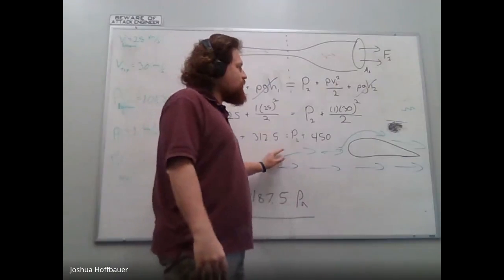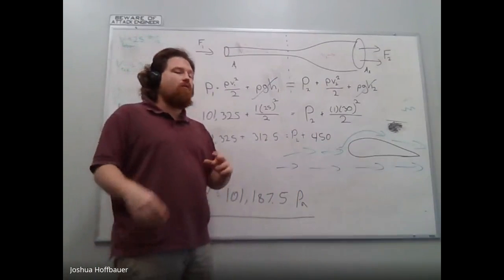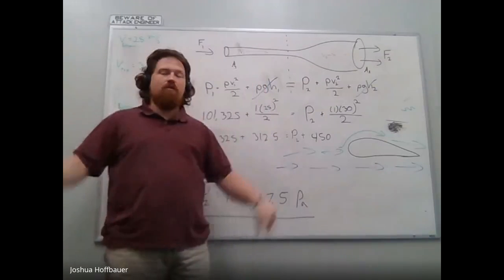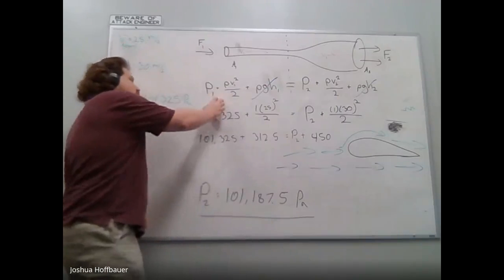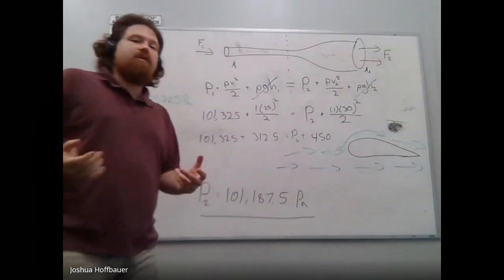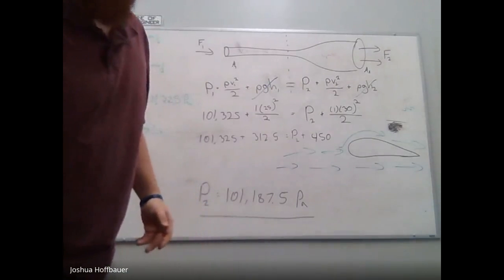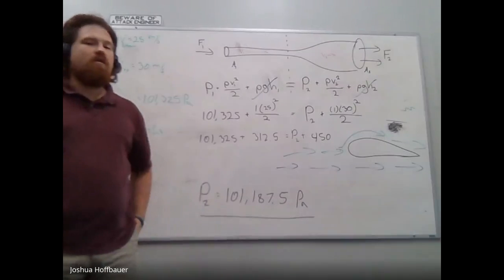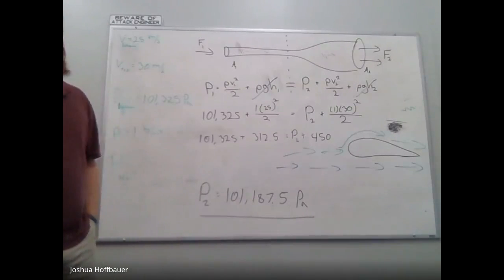You need the air to move faster over the top of the wing because that's going to be what creates that lower pressure on the top that lifts the plane upwards. So this formula, Bernoulli's equation, is the principle that allows planes to fly, among some other things. If you move on to slide 8, there's other places that this does come into effect.